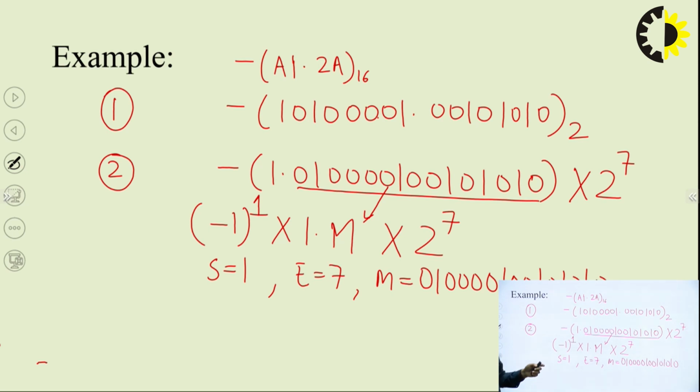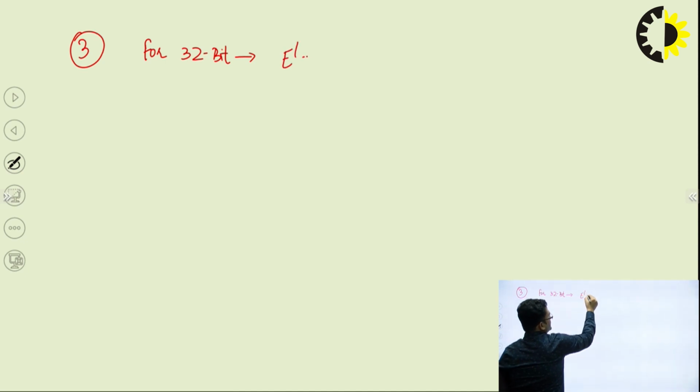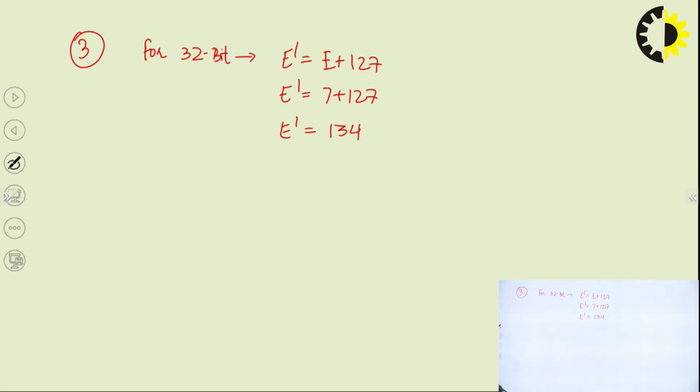Step number 3, we need to calculate the biased component. We have a true component, that is 7. So in step number 3, for 32-bit, calculate the biased component. E dash is equal to E plus 127. The previous E is 7, so E dash becomes 7 plus 127, that is 134 for 32 bits.